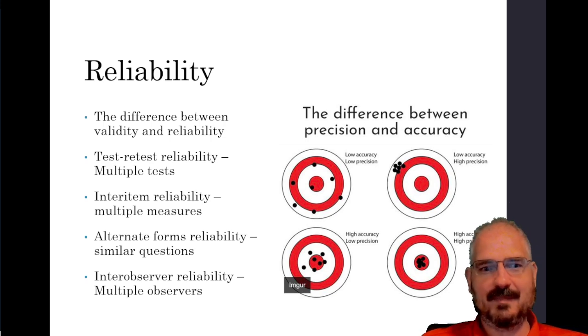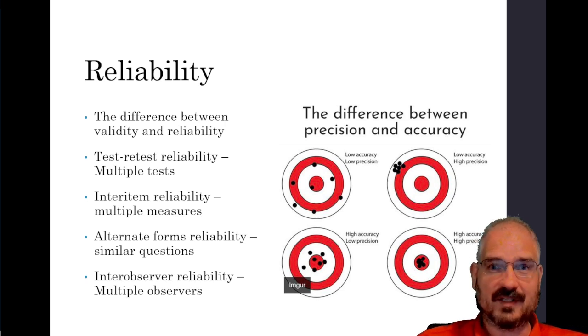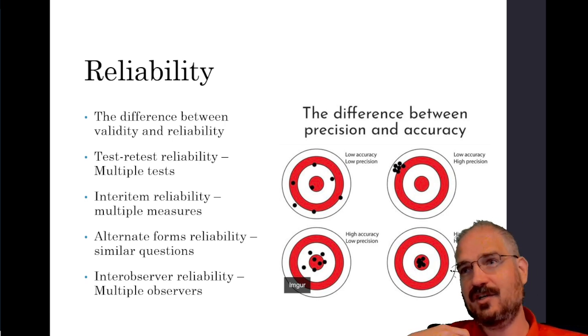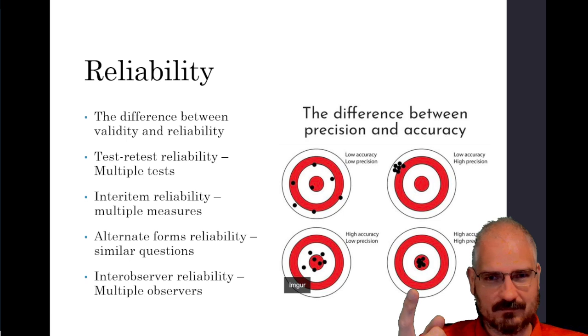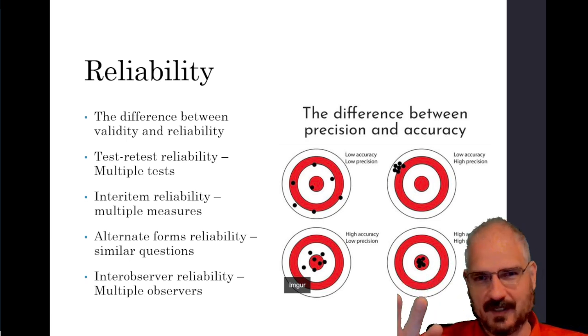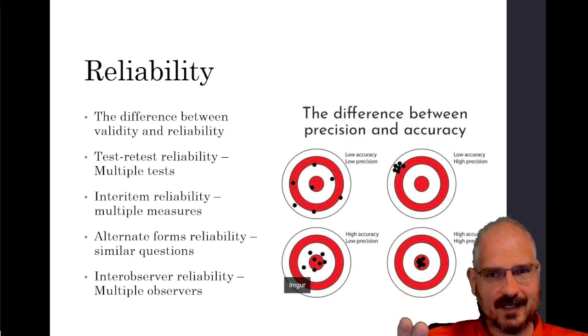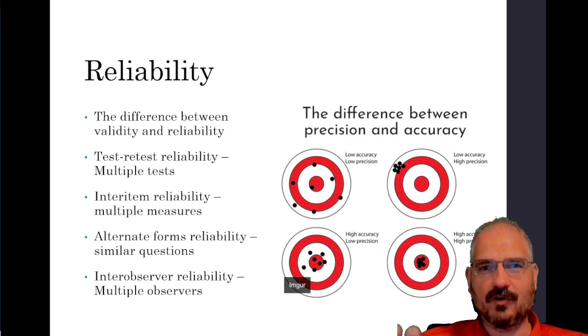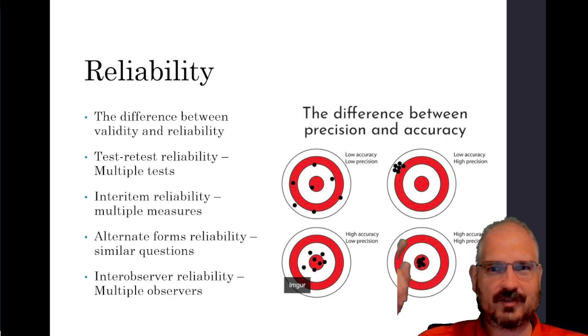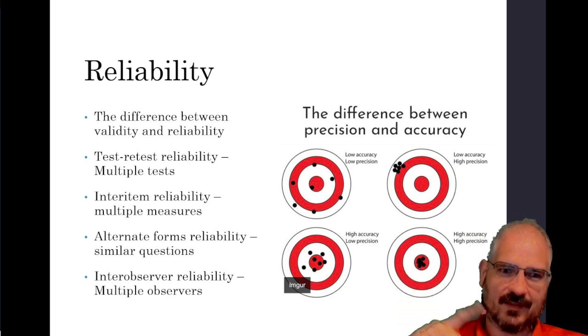Inter-item reliability means that if we're doing multiple measures, say we measure compassion with hours given to volunteer work, money given to charity, and a self-report questionnaire, those three things should all correlate together. As one goes up, the others should go up. As one goes down, the others should go down.